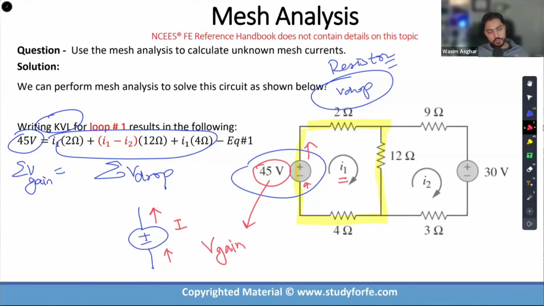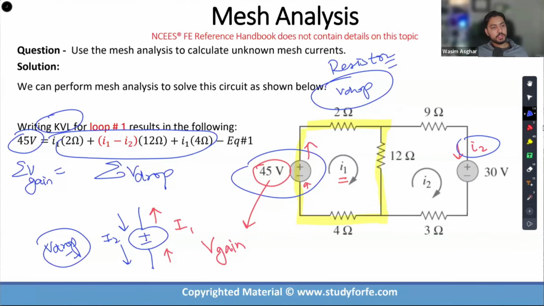Okay, and I'm going to jump one step ahead. Current I2 is entering the positive terminal. So current I2 is actually doing this. This is I2, right? And this is my I1. When the current enters the positive terminal and leaves the negative terminal, that is going to be a voltage drop.